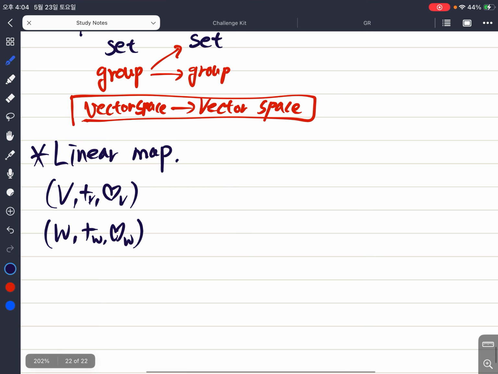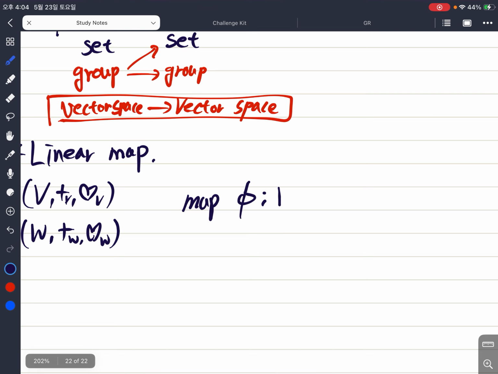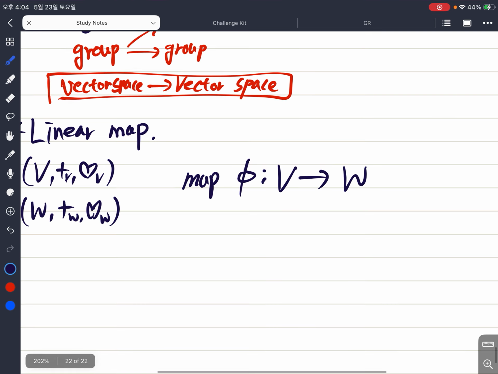And a map phi from V to W is a linear map.